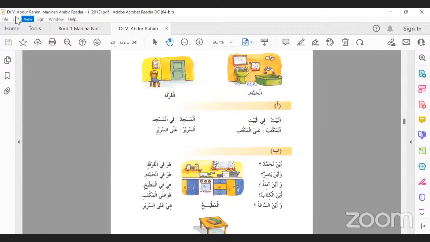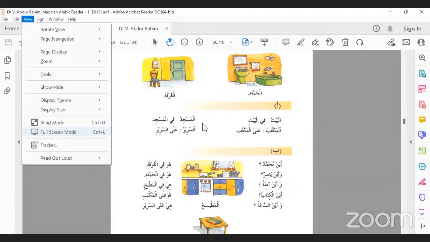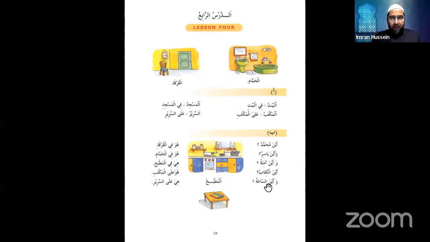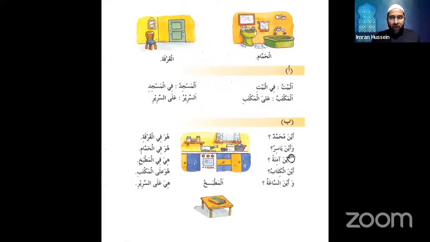Right, let's move on now. So then we have: وَأَيْنَ يَاسِرٌ؟ هُوَ فِي الْحَمَّامِ. He is in the bathroom. وَأَيْنَ آمِنَةُ؟ Where is Amina? هِيَ فِي الْمَطْبَخِ. She is in the kitchen.